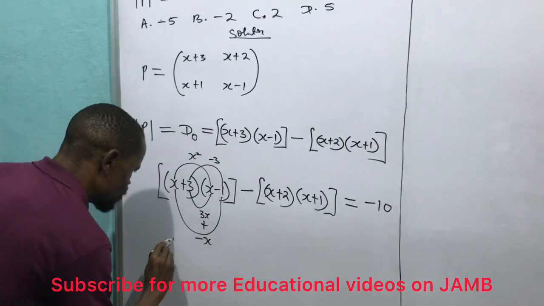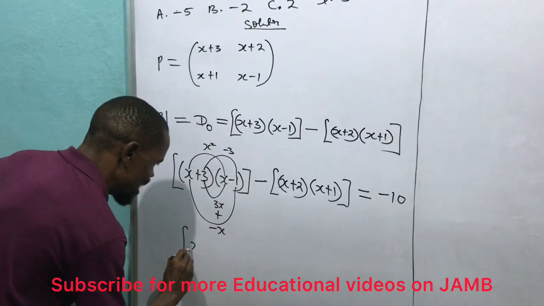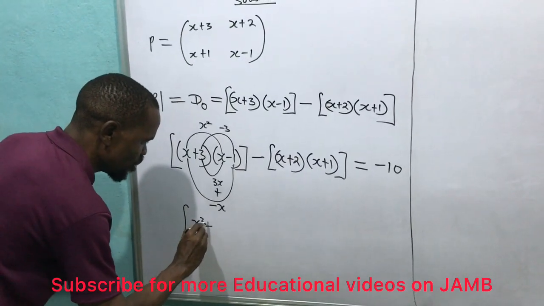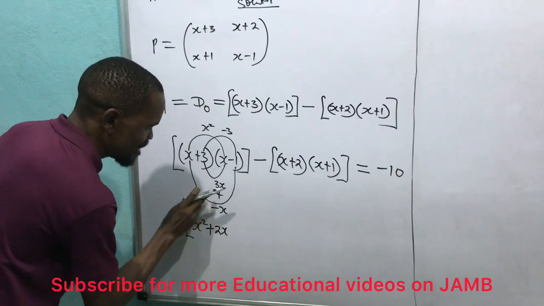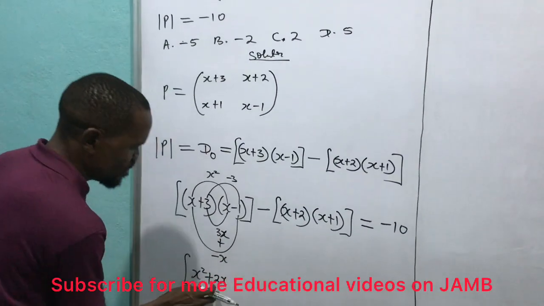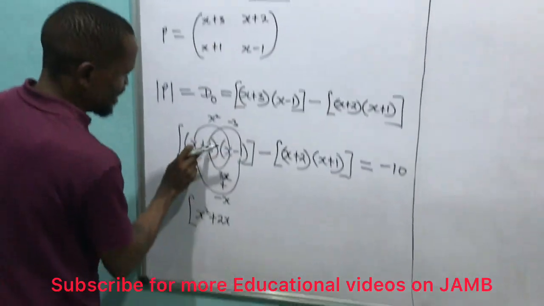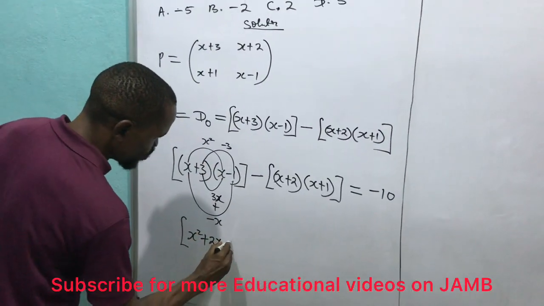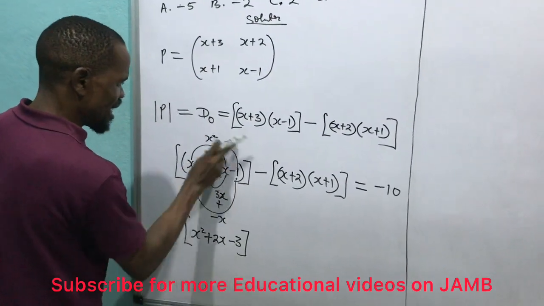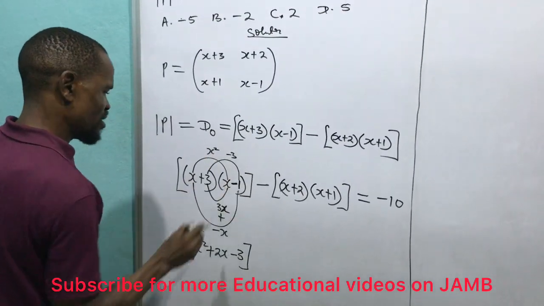Therefore, in this bracket I have x squared plus 2x, since 3x minus x gives me plus 2x, then minus 3. 3 times minus 1 gives me minus 3.